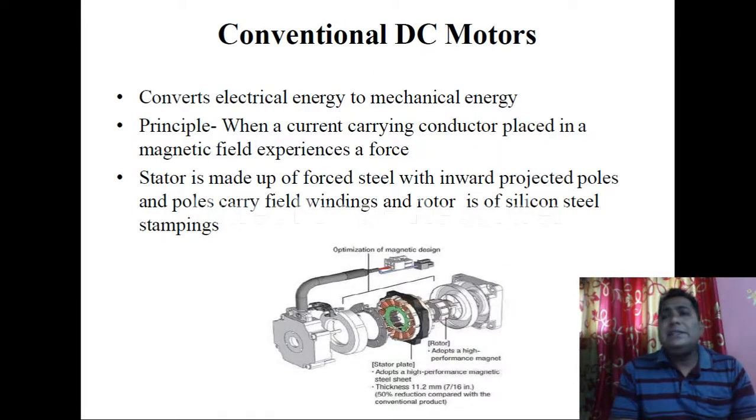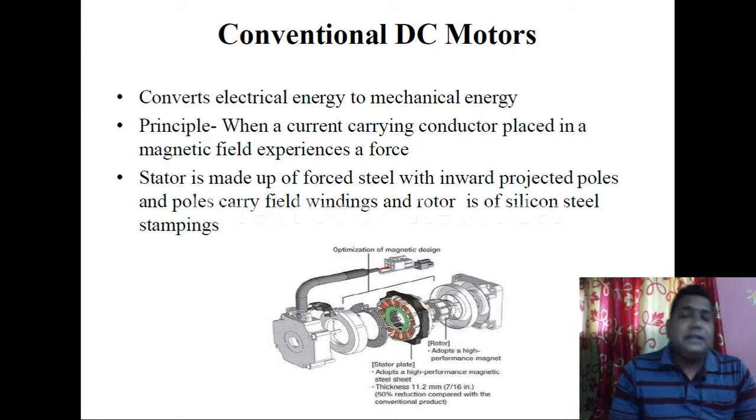Conventional DC machine. We know that in a DC machine we have two parts: a stator and a rotor. The stator is the stationary part of the machine and the rotor is the rotating part.